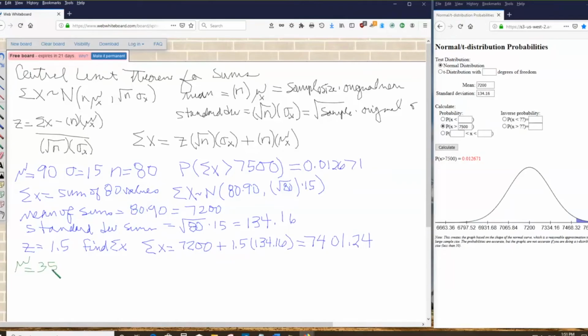We've got the mean is 35, standard deviation is 10. We want to have a sample size of 39. So let's say we want to find the probability that the sum of x is going to be between 1,400 and 1,500.